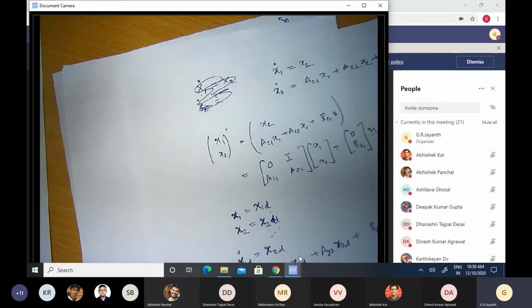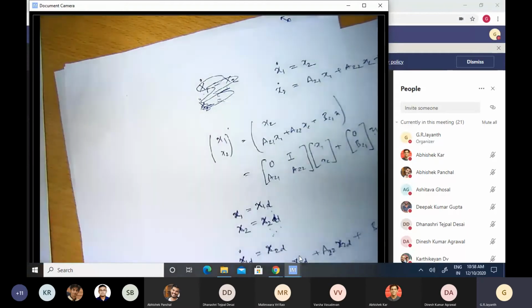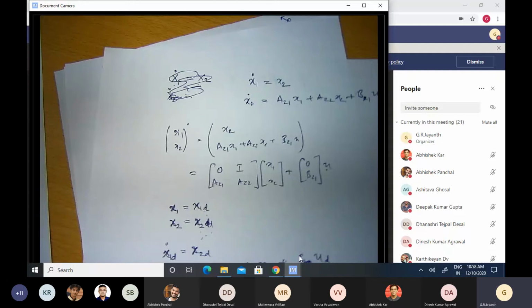So the manner in which θ1 and θ2 have to change as function of time in order to go from the first position of the 2R manipulator to its final position is what x1d of t is and x2d of t is. Okay. So x1 is a vector of generalized coordinates, x2 is a vector of generalized velocities. Okay. So the way the velocity has to change as function of time to go from point A to point B, and the way the position has to change as function of time to go from point A to point B is what x1d and x2d capture.